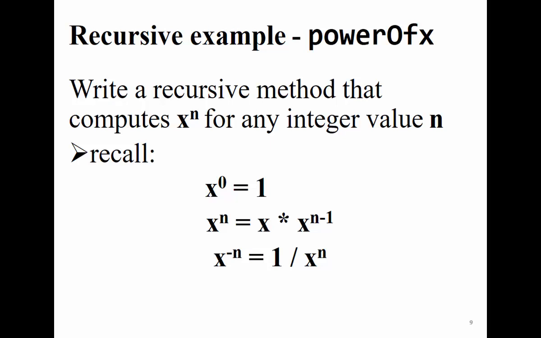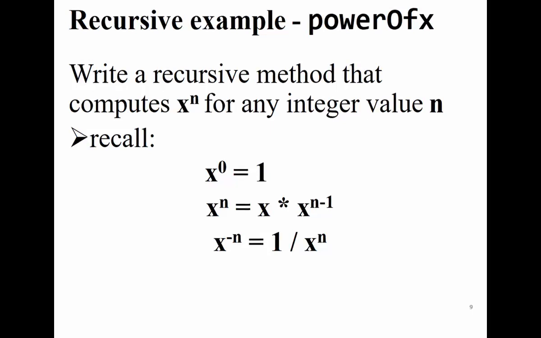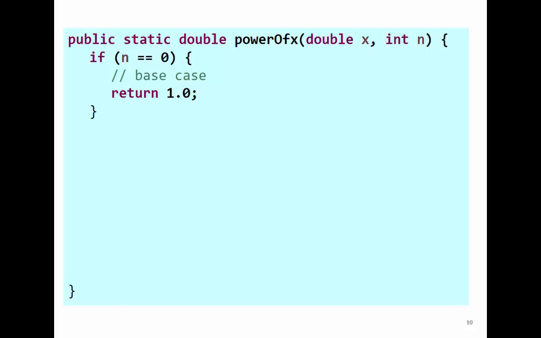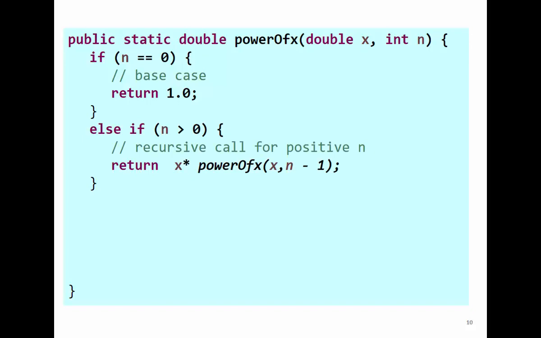So we divide the problem: the original problem x to the power of n is written in terms of itself, but with a different argument, n minus 1. If we have a negative exponent, x to the power of minus n, we write it as 1 over x to the power of n. We discussed the implementation last time. If n is equal to 0, which is the base case, we return 1. Otherwise, we check n.